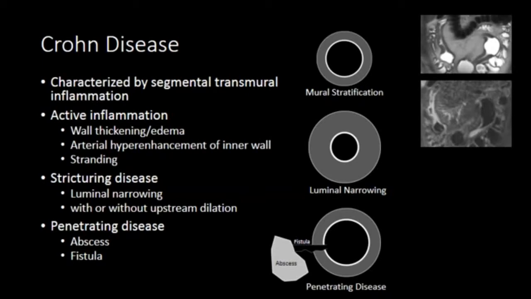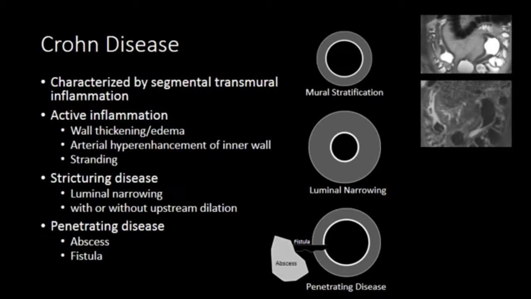Active inflammation, where you have an inflammatory process that's resulting in wall thickening and edema. You have arterial hyperenhancement of the inner wall, what used to be referred to as mucosal hyperemia. However, we now know that often in Crohn's disease the mucosa has actually been eroded or ulcerated and the mucosa itself may not be present.